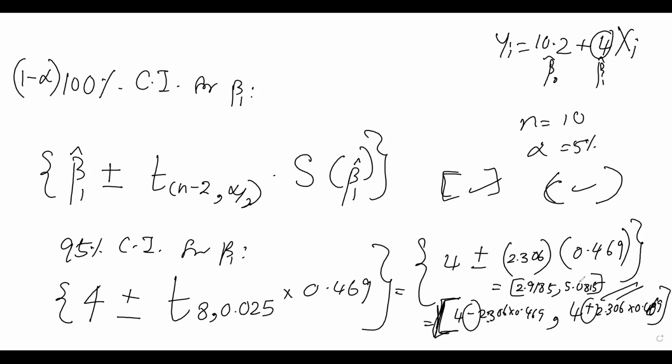So this is the answer, 2.91992 and 5.08. So interpretation, the most important point here. I'll write it, so please copy it and practice the way of writing the interpretation.